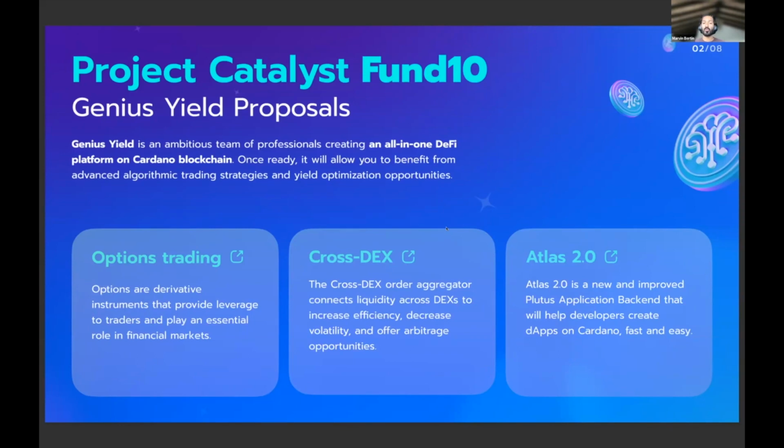The second proposal is around what we call the cross-DEX aggregator. A lot of the liquidity across most DEXs on Cardano is fragmented, right? To have a healthy, fluid flow of capital and minimize price instability between DEXs, you need to provide an easy route for people to trade tokens between pools and between DEXs.